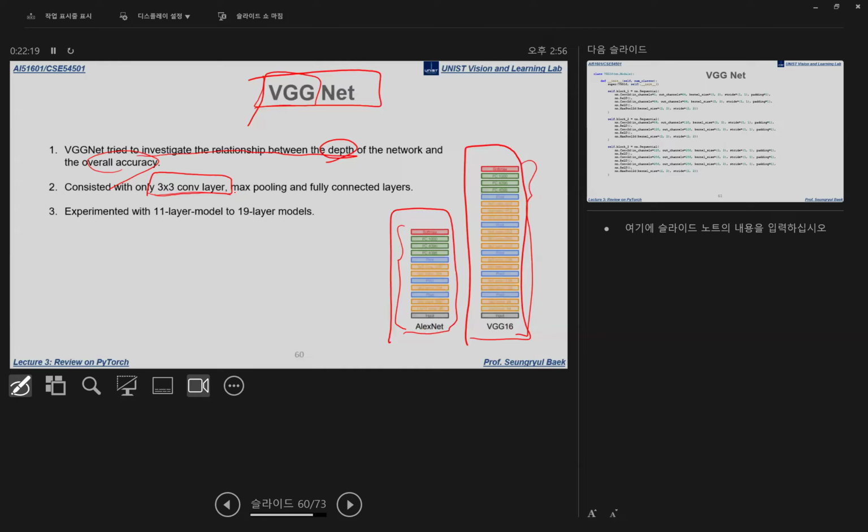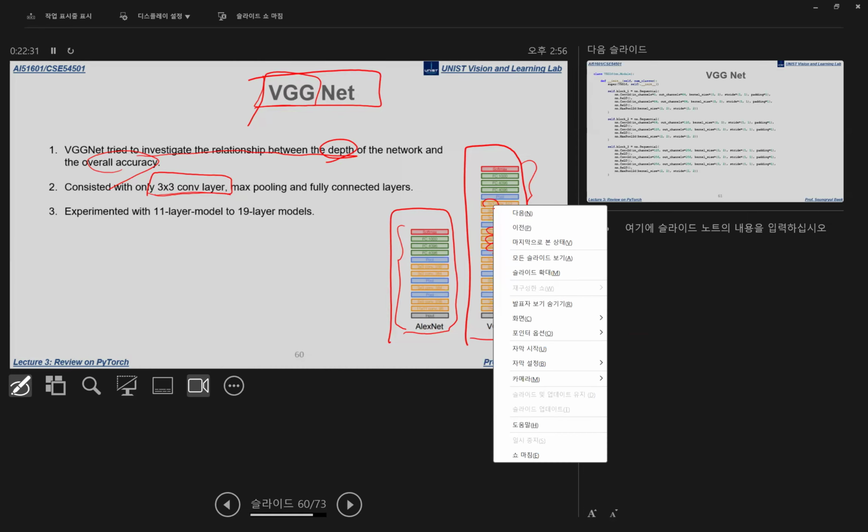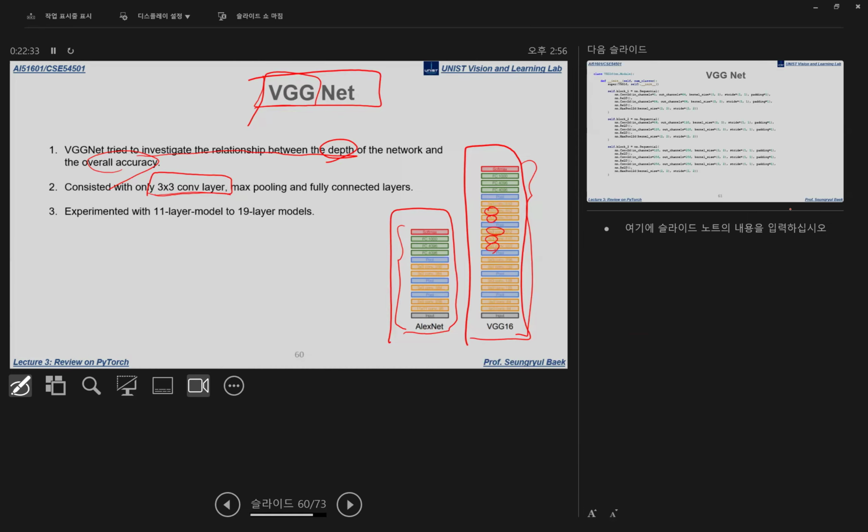And they stack mostly 3 by 3 convolutional layers, which means convolutional layers that use 3 by 3 filter kernels. If you see this figure closely, the orange layers are all convolutional layers with 3 by 3 filter kernels. One box here denotes one layer.